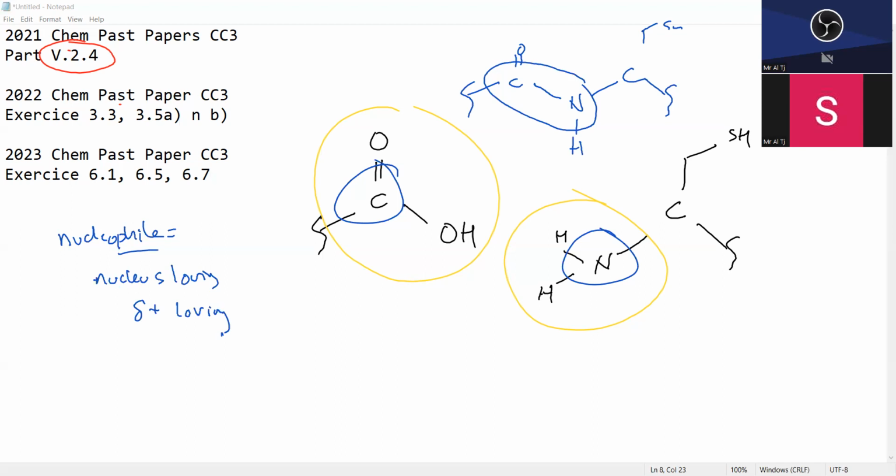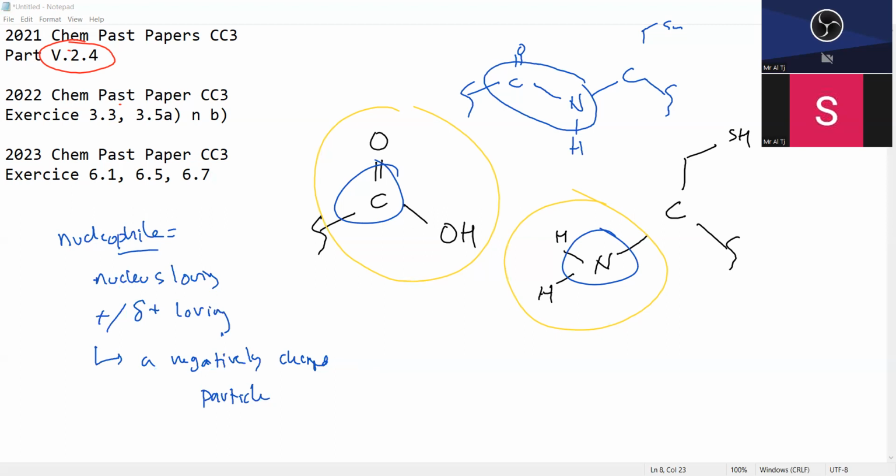This partially positive in this case. Positive or just partially positive loving parts. Why it loves the positive? Well, it is because it is a negative charge particle. But there is no negative charge particle here. Oh, well, there is, but it is not seen in the first place.